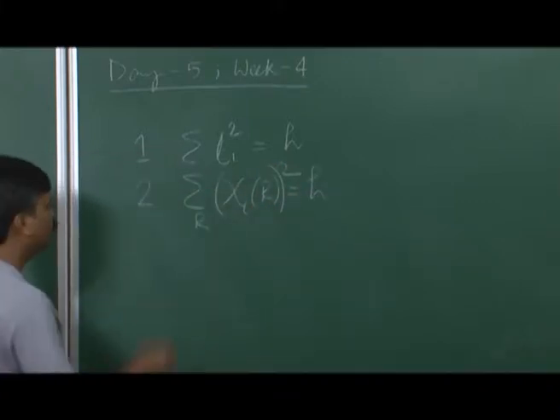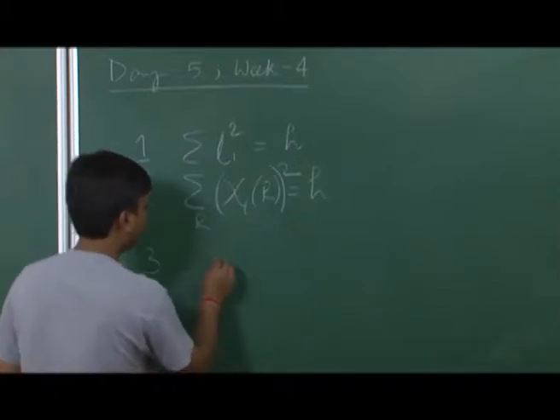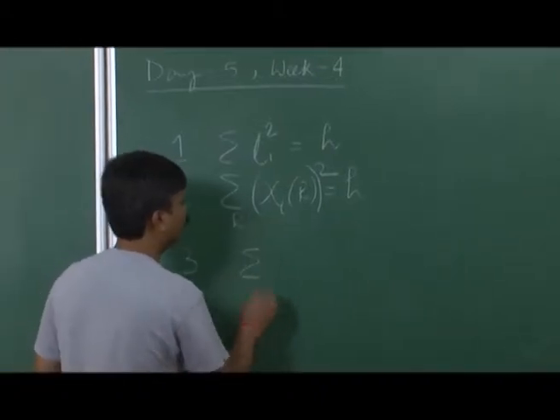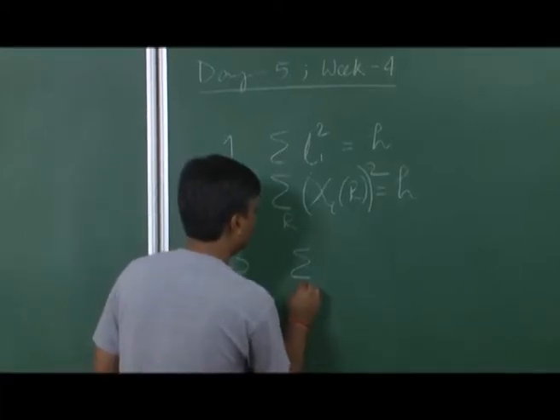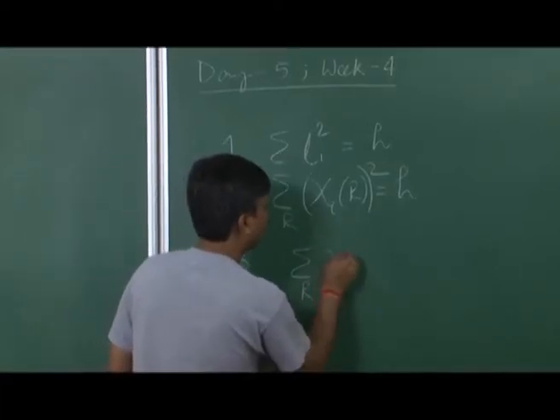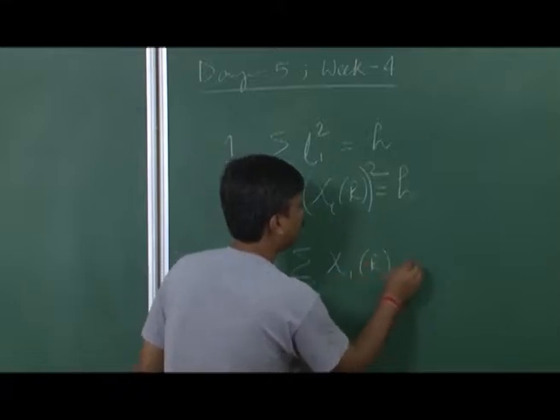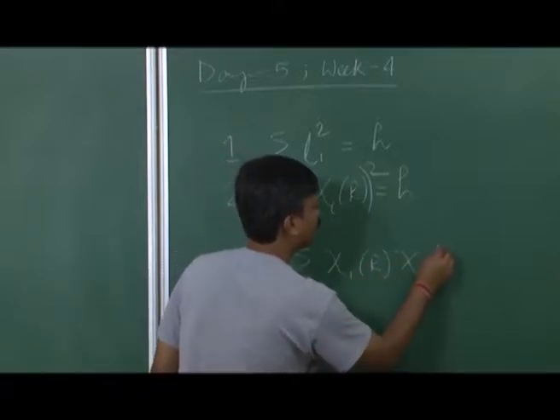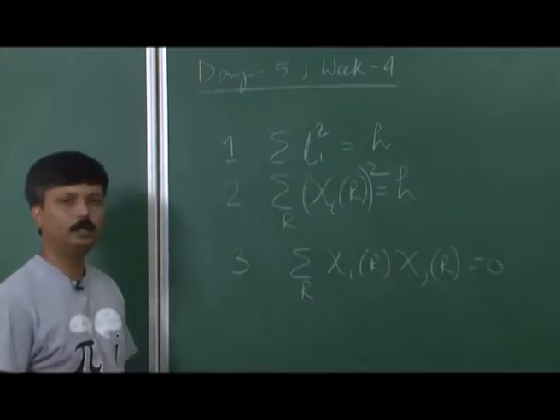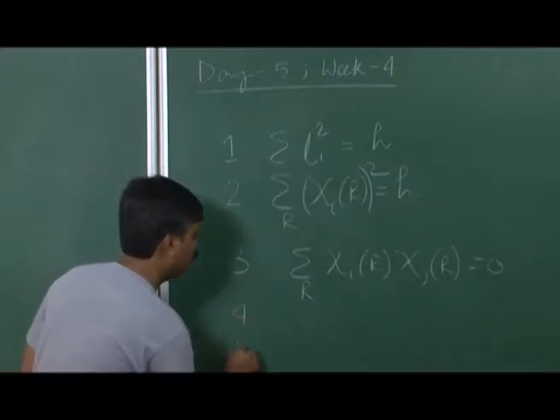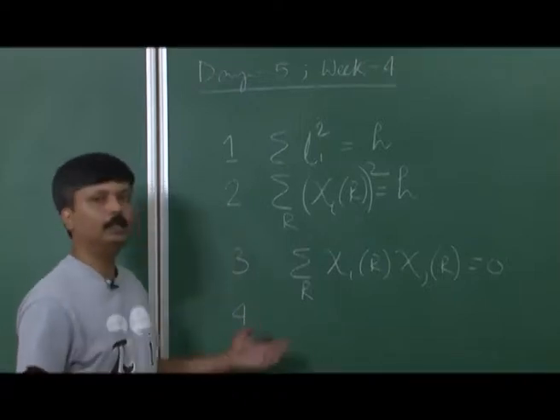Also we learnt that any two irreducible representations are orthogonal. This is equal to 0.